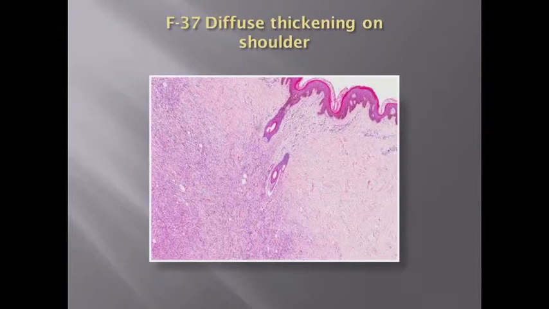Now, the next one is another interesting case. It's a female of 37 years who presented with a diffuse thickening of the shoulder. So here again, you can see the epidermis there, and then an ill-defined lesion within the dermis.